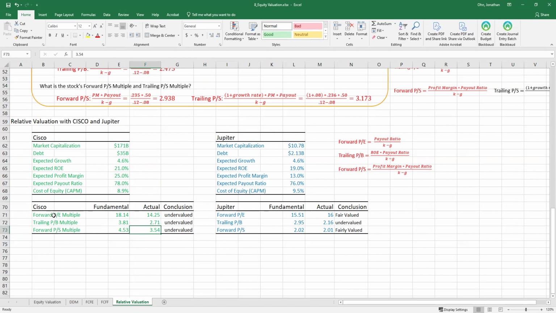P is the current market price, and it appears that the current market price is undervalued. So comparing the fundamental and actual value, our conclusion is that this Cisco stock price is undervalued. Undervalued means this is a good investment.